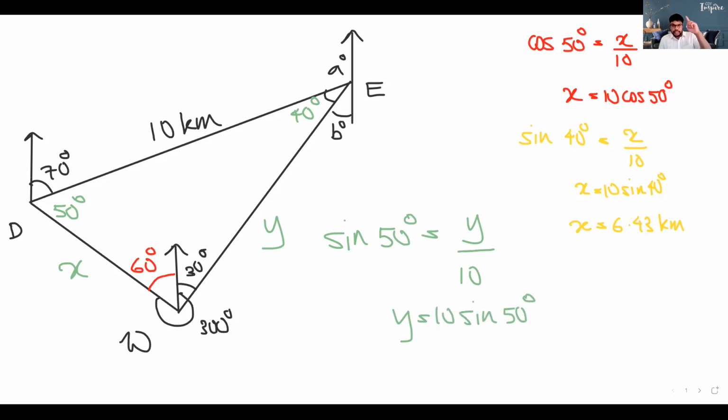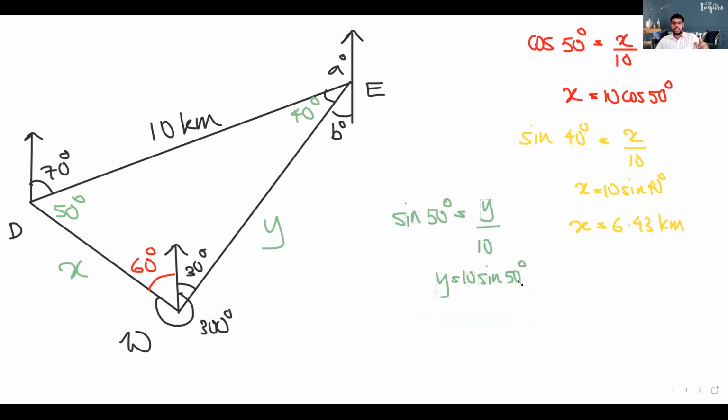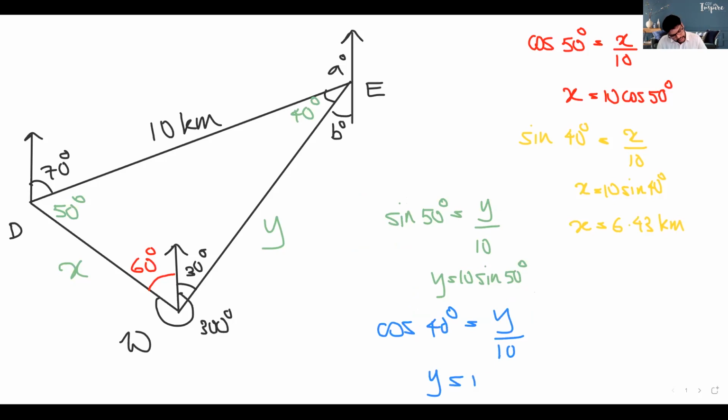Try 10 sine 50 and see what the answer is. Let me also do it using the other angle and cos. If you take cos 40 with the 40-degree angle, y is the adjacent, y over 10. So y is going to be 10 cos 40. Check whether 10 sine 50 and 10 cos 40 give you the same answer.